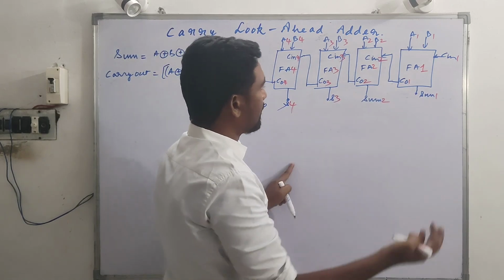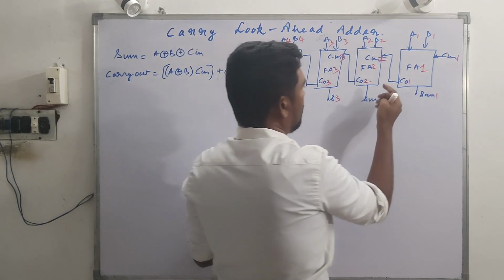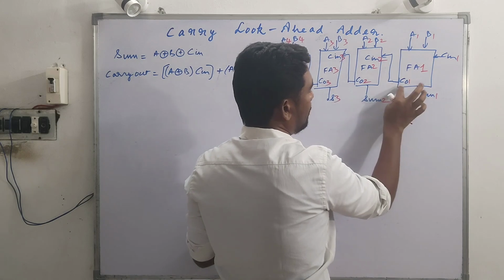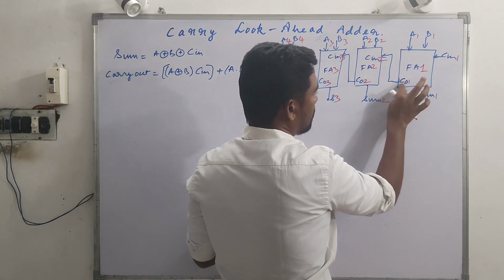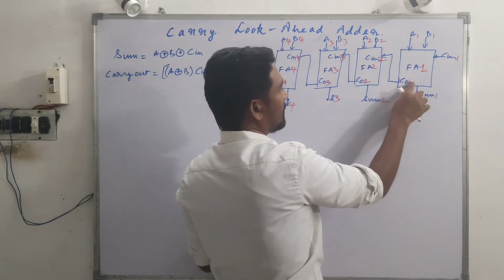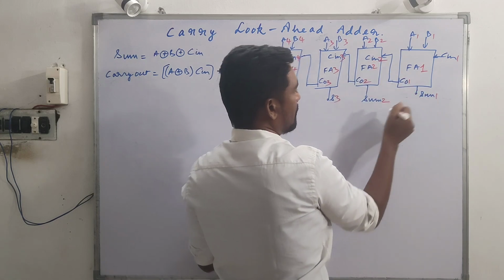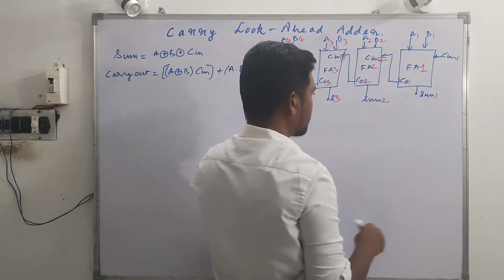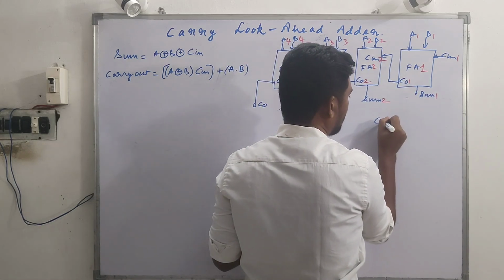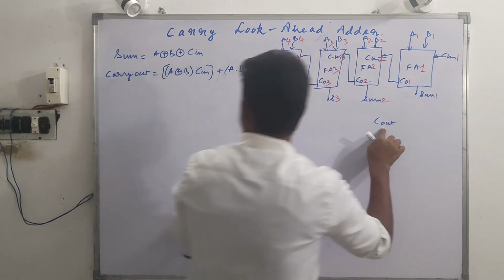What we have to understand from here is that in parallel adders, the Cout of the first stage acts as input to the next stage. What is the expression for Cout? The general Cout is over here.